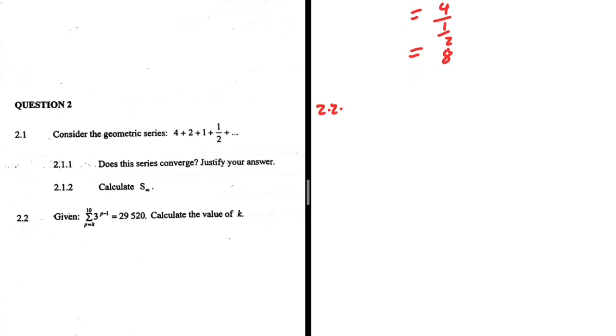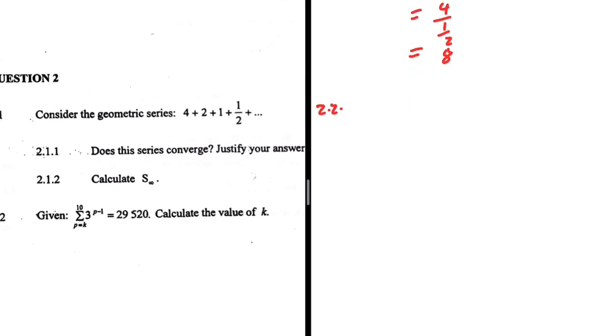2.2. We're given some sigma notation and we're supposed to calculate the value of k. So let's take a look. We have this sigma notation running from p = k to 10, where the formula is 3 to the power p − 1, and this all equals 29,520.